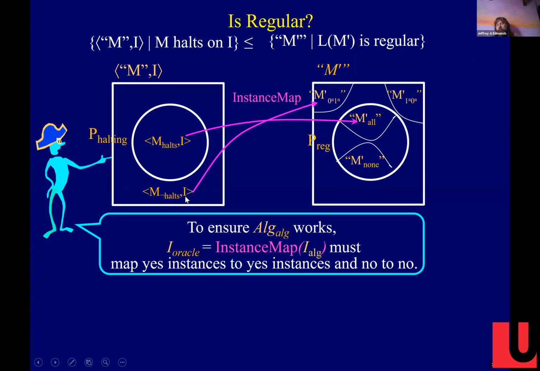And when M doesn't halt on I, we're going to map it over to a Turing machine whose language is 0^n 1^n. That's what we need to design our Turing machine to do. Because these inputs map to a no instance, the oracle is going to say no, so we're going to say no. And on these inputs, it maps to a yes instance, so the oracle is going to say yes, and so we're going to say yes.